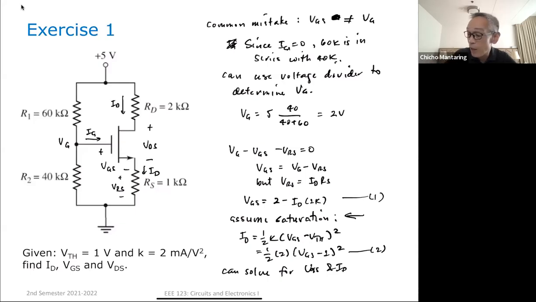But then you can form now a VDS versus ID equation using this circuit. So you will have an additional equation that you can use to eventually solve for I sub t. I'm not going to go through the entire solution, but in a gist, that's how you solve this problem.